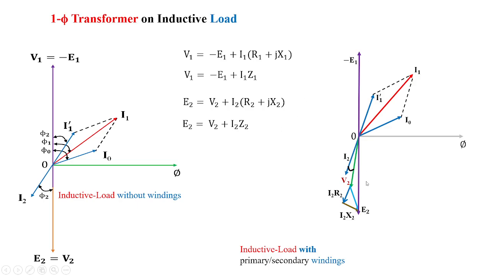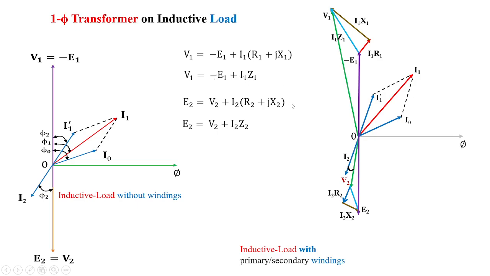Right. Now pertaining to E2, we have minus E1 in this fashion, and I1 gives the value of a drop across primary resistance, which is acting parallel to this line in this fashion, and perpendicular to this line I have I1X1 as the reactive component. With these two vectors I'll get another vector as I1Z1, and with this I'll get the value of V1, which is nothing but minus E1 plus I1Z1.